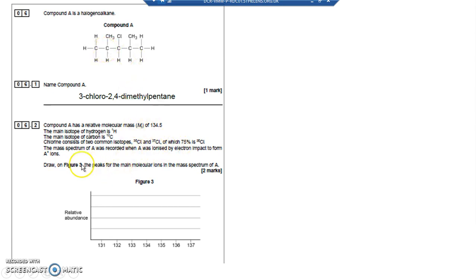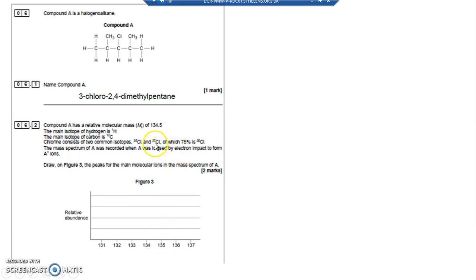So basically it's saying that there are peaks for the molecular ions in the mass spectrum of A. What will they be? Well, you need to work out the Mr. The Mr with 35Cl I think will come out as 134, and with a 37Cl it'll come out as 136. So you're going to end up with peaks at 134 and 136.